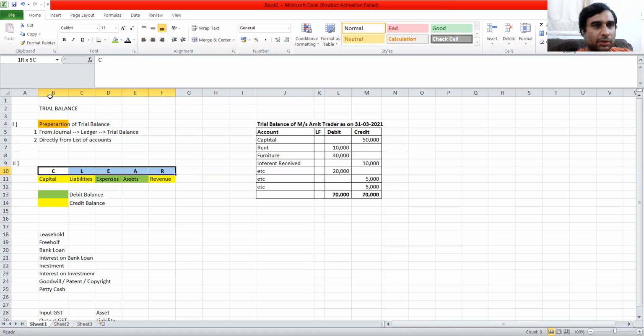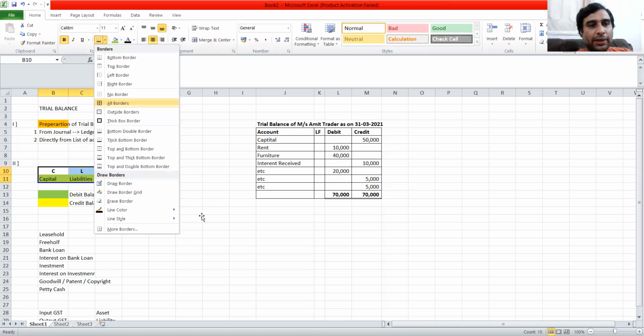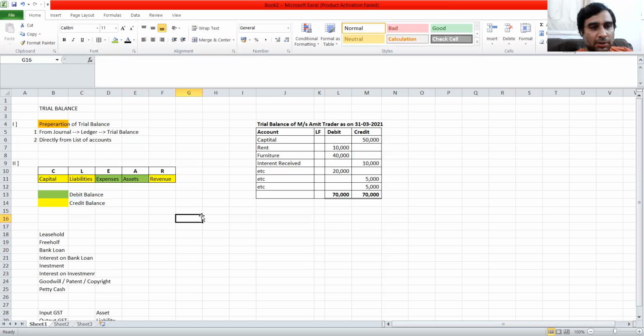And once you're clear in your mind, then you will always be right. Okay, so remember this CLEAR rule. The CLEAR rule is about the debit and the credit, so you have to remember that expenses and assets will be merged with the green color, right? The first two and the last are in the same category, credit.